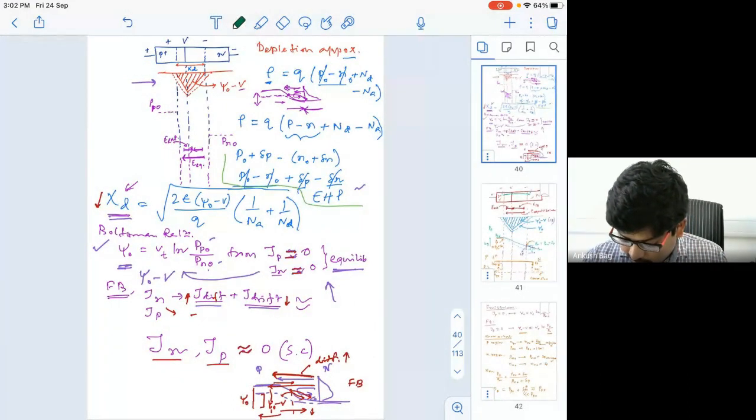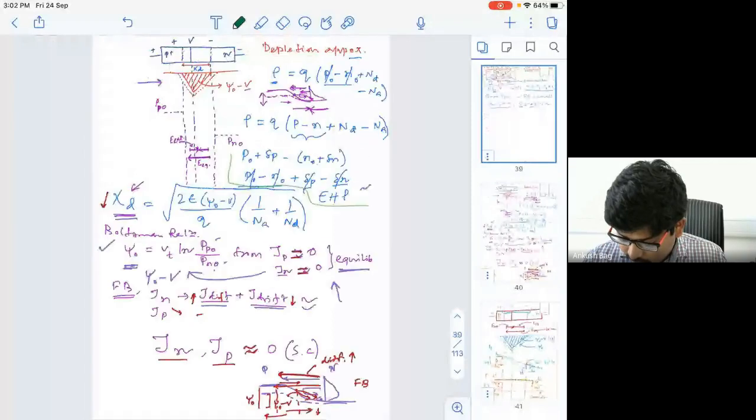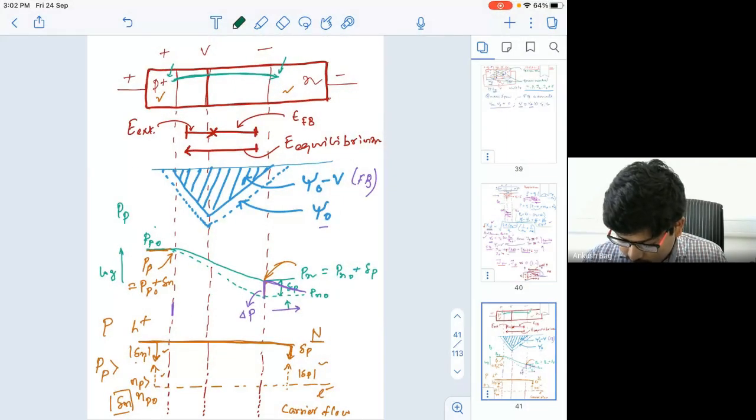So in the last class, that means in yesterday's class, we discussed this diagram involving your electric field variation, then how we can get potential, then what is the carrier concentration variation, that means hole carrier concentration variation from p side to n side under forward bias.